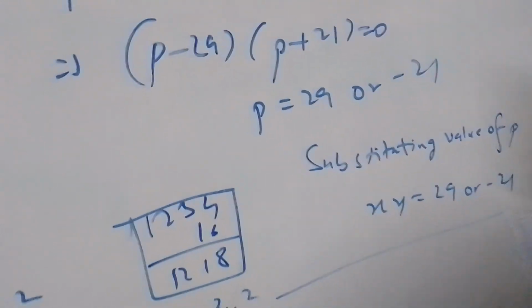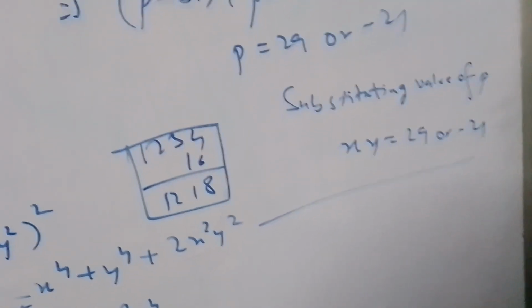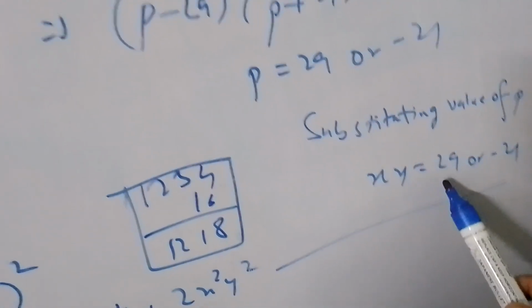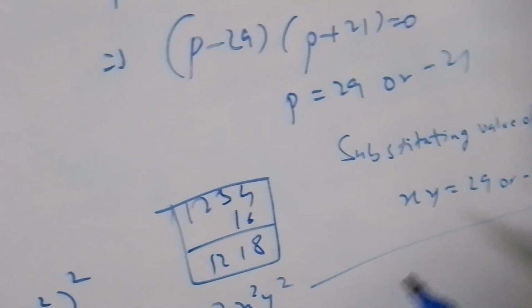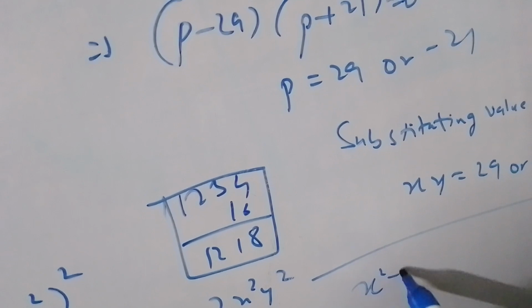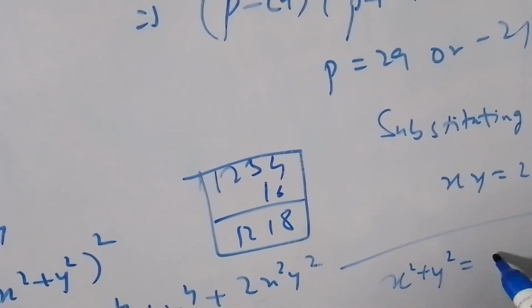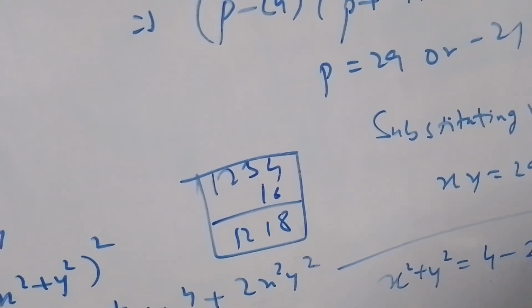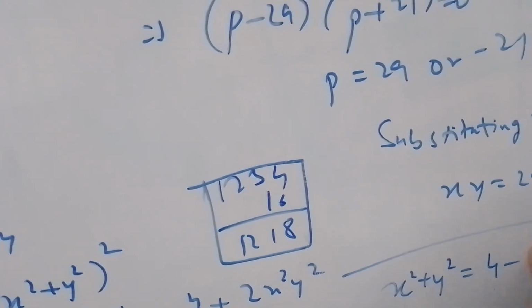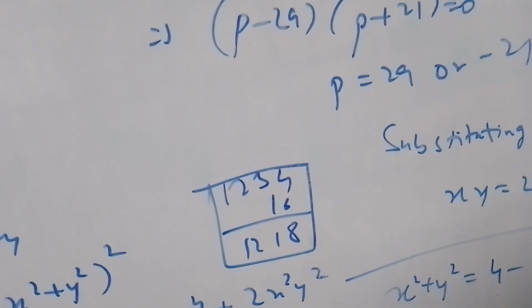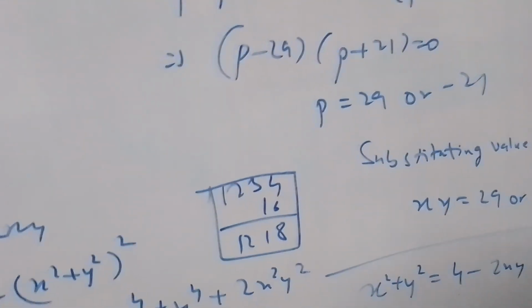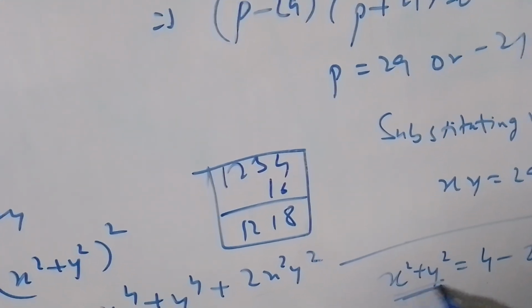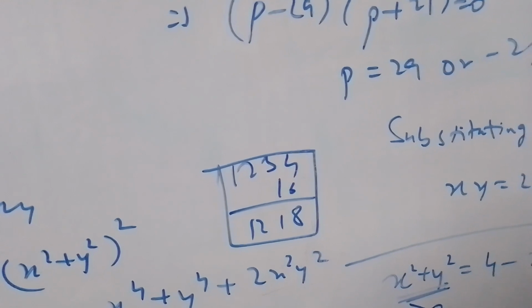Now let's understand the logic of why it should be this or this. If you consider this equation, 4 minus 2xy, this term should always be greater than 0.